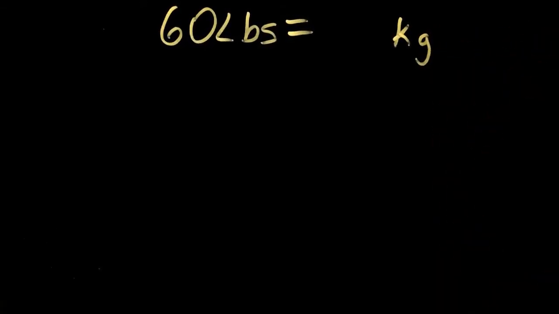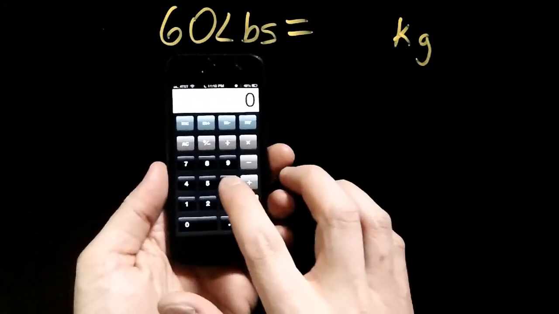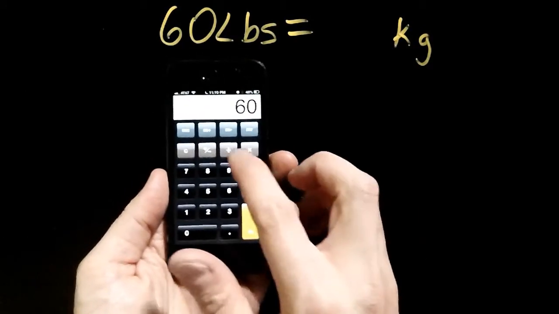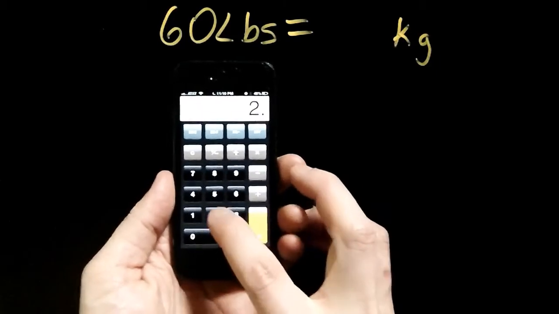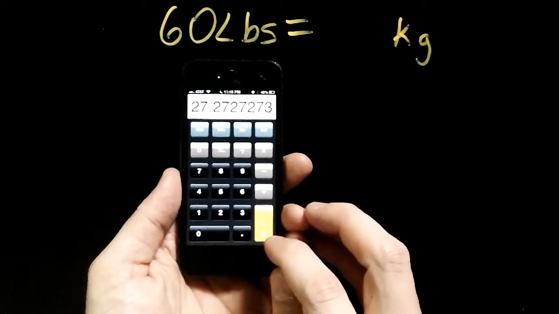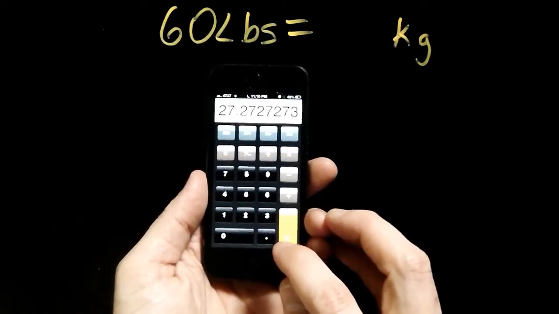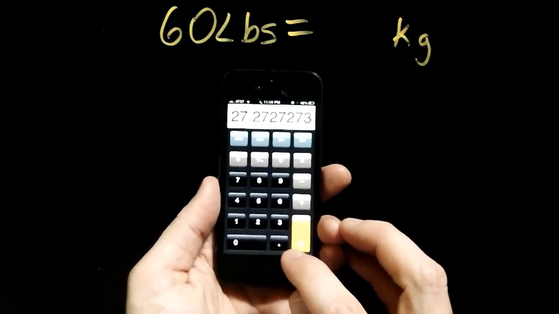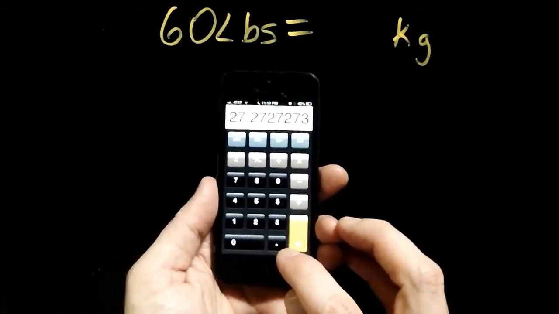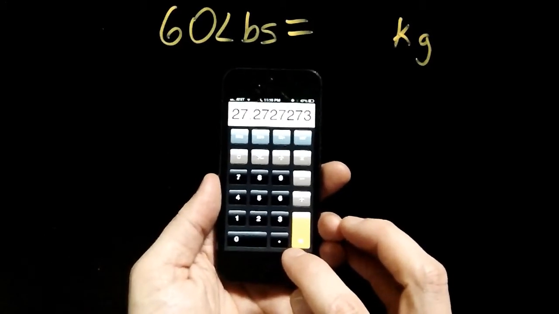So I'll just use my calculator here, which you will have on the test as well, and you're going to change it: 60 pounds divided by 2.2. Always 2.2, and that'll get us 27.27 kilograms. I'm going to round this to the first significant digit, which is the tenths place, so it'll be 27.3.